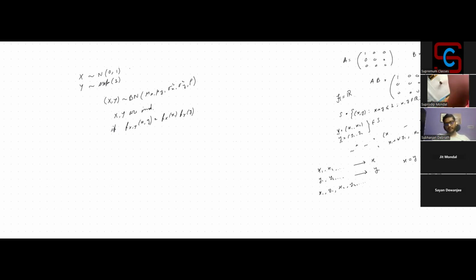Sorry, this should be the distribution function. If this can be written, they are independent. It will be for all x comma y. That's the complete definition.